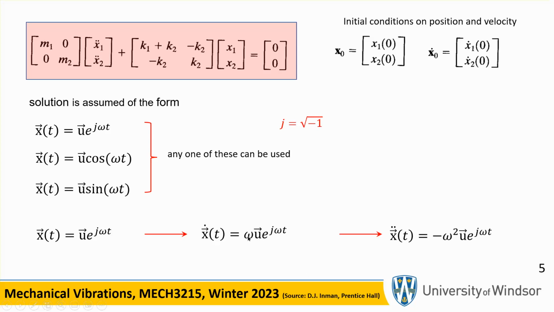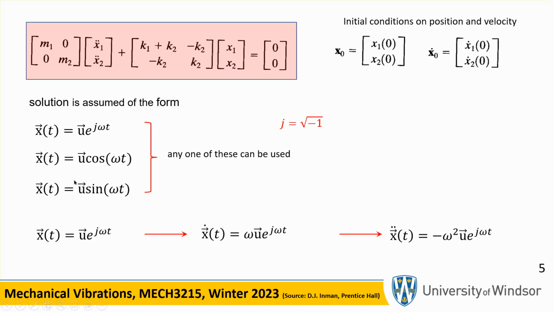I can't fix it, so there's a j missing here. That's as simple as that. And if you differentiate this one more time, you get another j omega, but j squared is minus 1, so we get minus omega squared times the constant vector u times e to the j omega t.